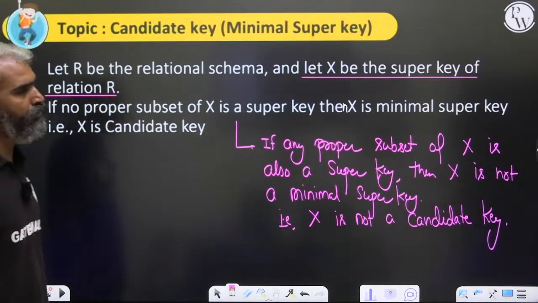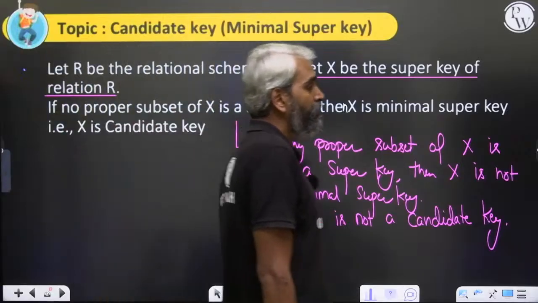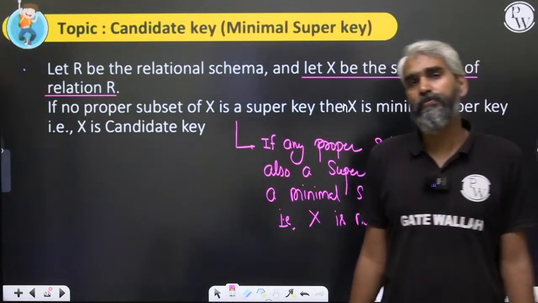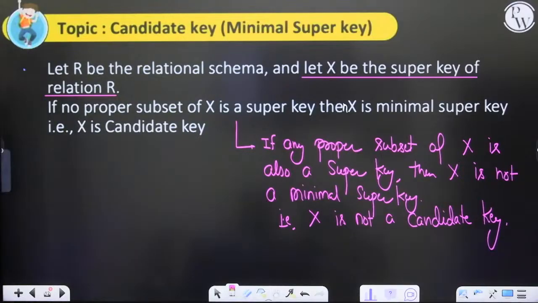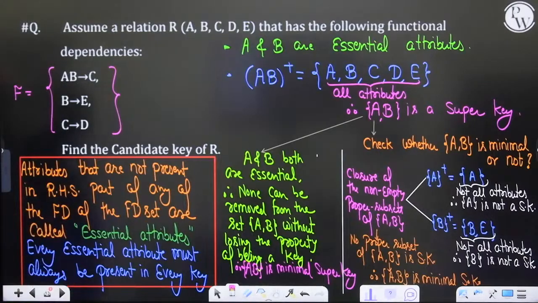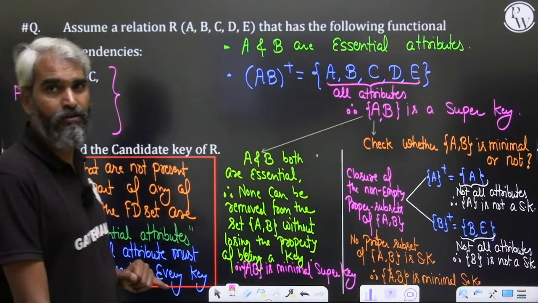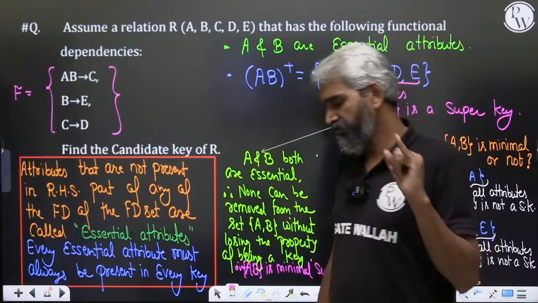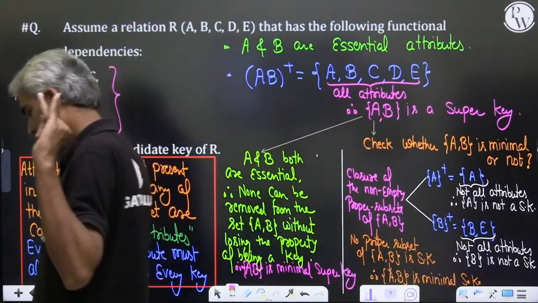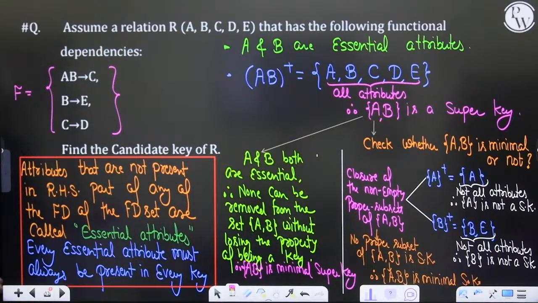If any of the proper subsets is also a super key, then the original set is not minimal, and hence it will just be a super key but not a candidate key because it is not minimal. So any doubt related to the concept of closure, super key, candidate key?